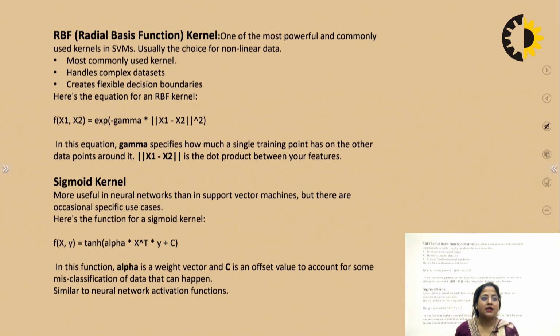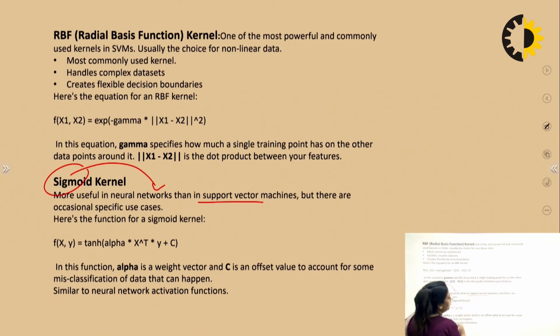The next kernel is sigmoid. The sigmoid kernel is also used in neural network (NN) technology. The sigmoid function is used especially in NN as compared to SVM, but occasionally we can use it in special cases.